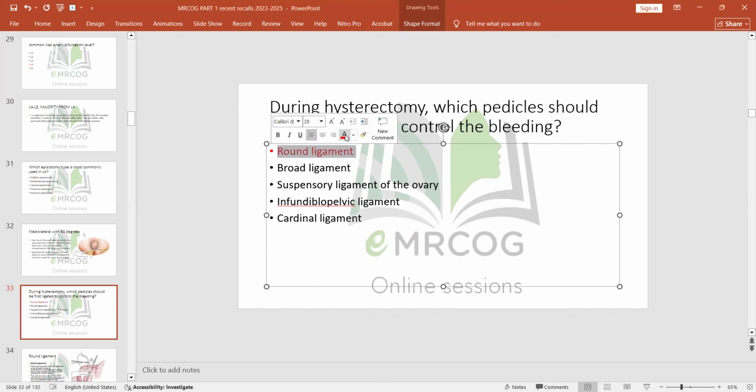And the round ligament, when you tie it and dissect it, you are by far decreasing the bleeding from the uterine artery and the ovarian anastomosis until you go on and dissect the infundibulopelvic ligament if you are going to remove the ovaries as well. If you are going to remove the ovary, you are going to ligate this one also. But this is the first one to be ligated.